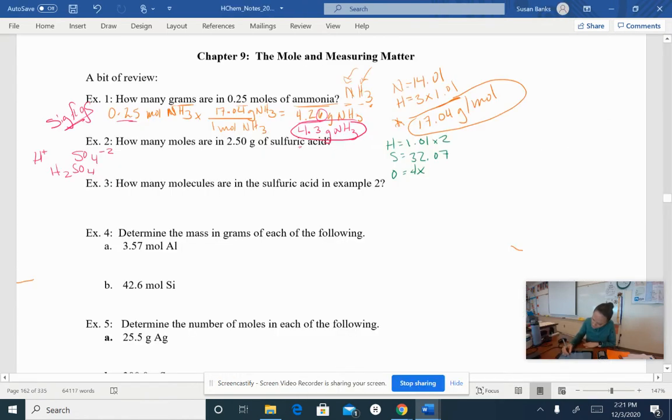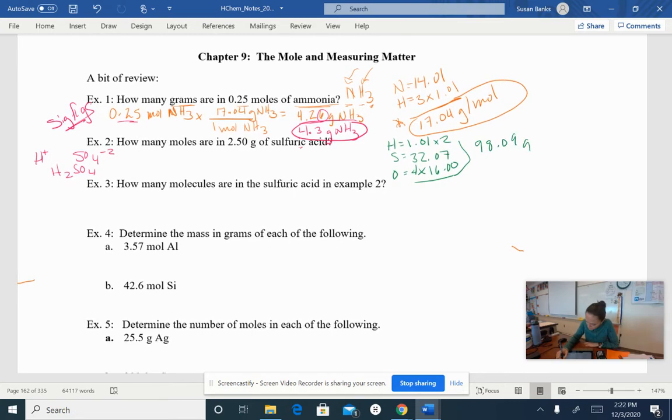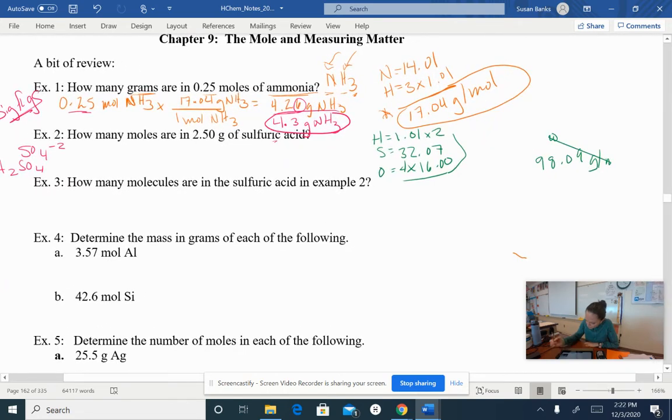So 16.00. When I add all of this up, let's see, 2.02 plus 32.07 plus 64, this will give me 98.09 grams per mole there.